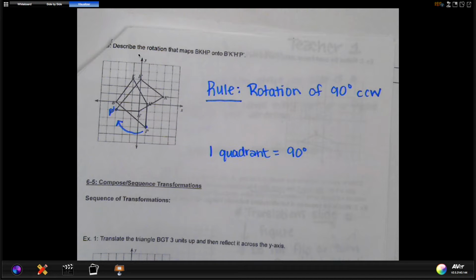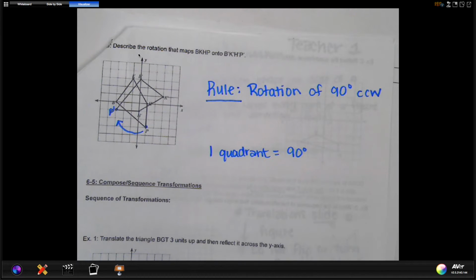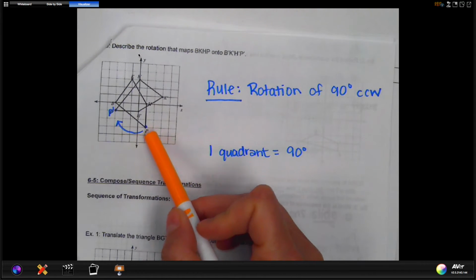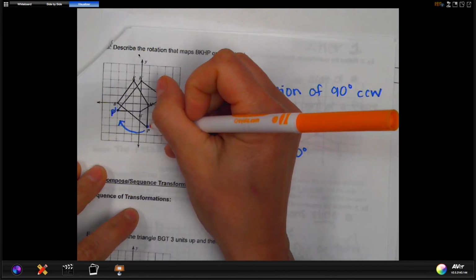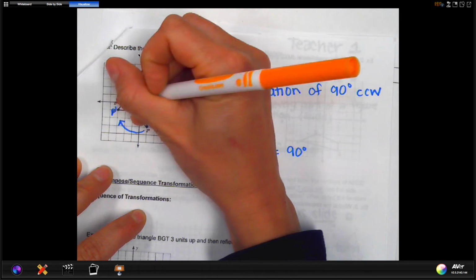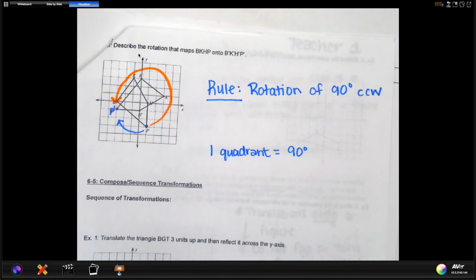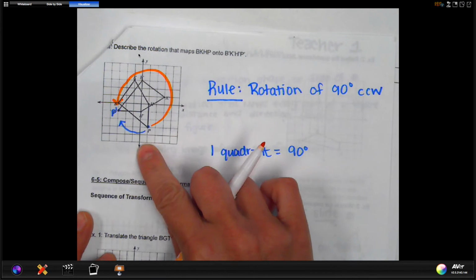And so your selection here is going to be 90 degrees clockwise or 90 degrees counterclockwise, or you could do 270 degrees clockwise or counterclockwise. So something to realize is that had it gone the other direction, and this is why P to P prime is such an important thing, if we had gone this direction with it, we can get another answer here because it doesn't tell us which direction it's actually going.